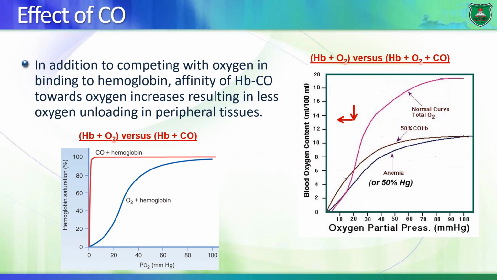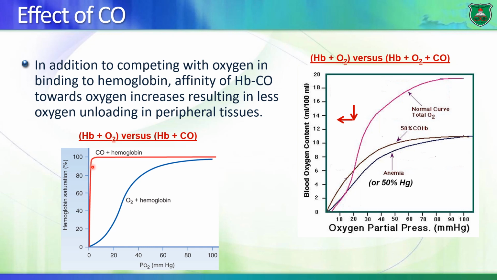And there is also an effect for carbon monoxide. Remember we said that carbon monoxide is toxic, right? It's fatal. And the reason why is that it has very high affinity for hemoglobin relative to oxygen. So that's the oxygen saturation curve for hemoglobin, and this is the curve for carbon monoxide.